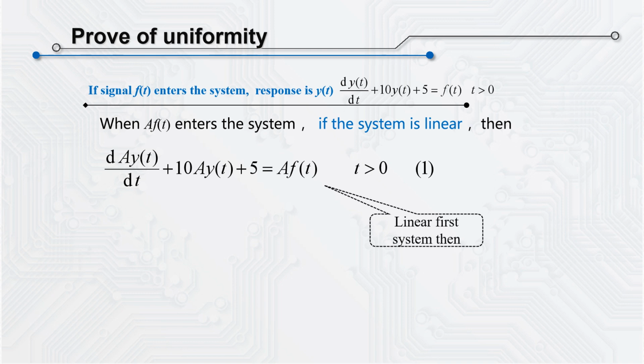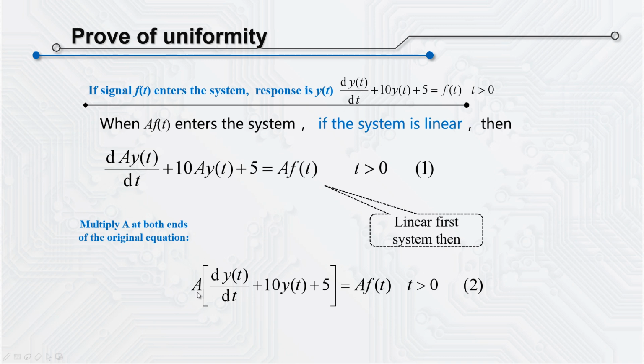This is the result when we assume the system is linear, and we first do the linear operation, then the system operation. If both ends of the given equation are multiplied by a, we can get formula 2.